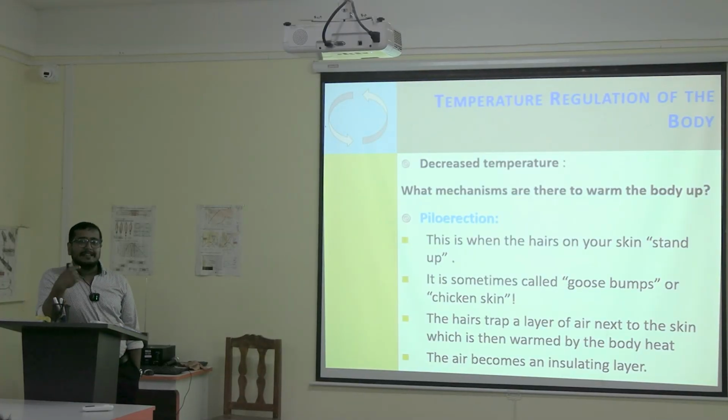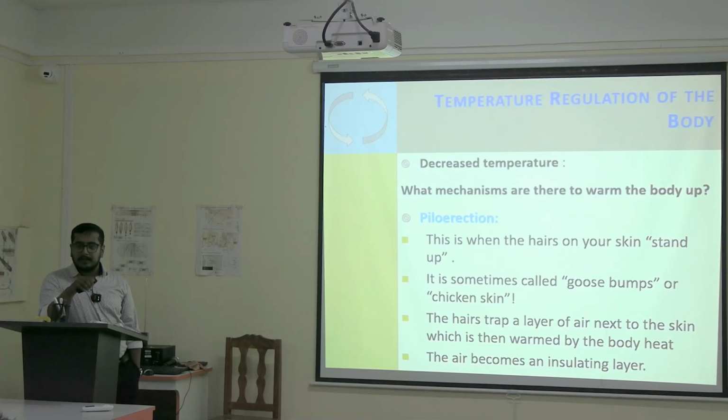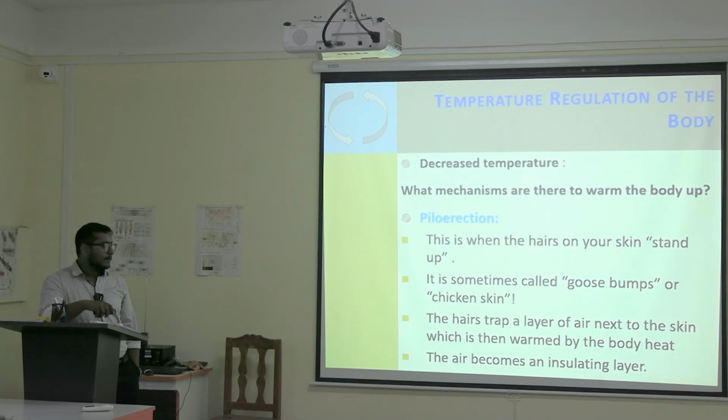So why does this happen? Basically, in piloerection, when the hairs in our skin become erect, it creates an insulating layer of air, which prevents the external cold from getting into our internal environment.